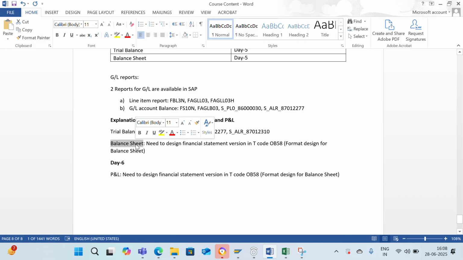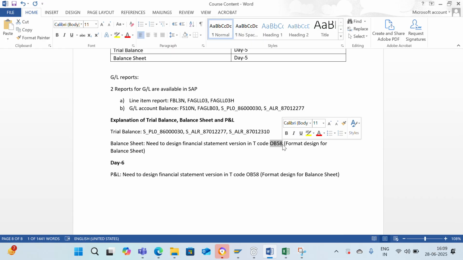For the balance sheet and for the P&L account, we need to design the financial statement version, which is designed in T code OB58. I repeat again, for the balance sheet and for the P&L, we need to design the financial statement version in T code OB58, which I will be showing in the upcoming session.